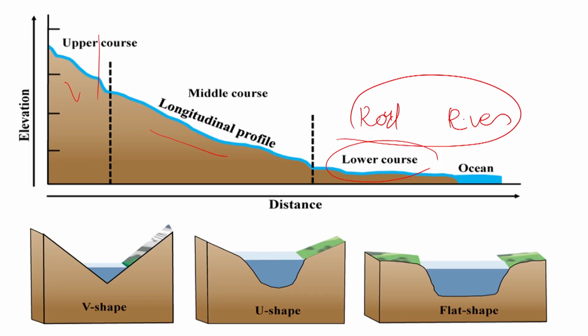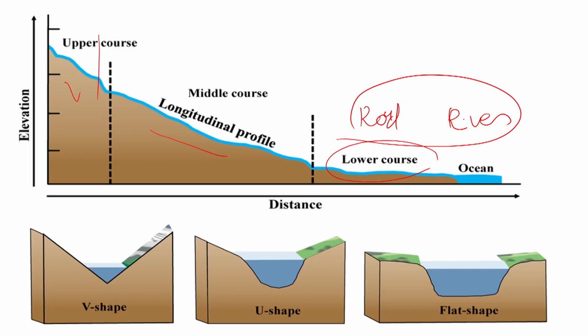The longitudinal profile is mostly suitable for a river, from youth stage, mature stage, old stage, from the start to the delta, what landforms and elevations are covered. Or for any road network, where the road starts, where it finishes, and what different elevations the road covers, you go with the longitudinal profile.